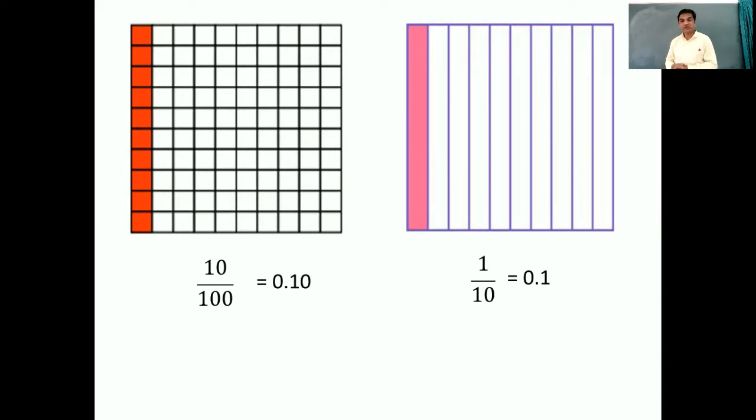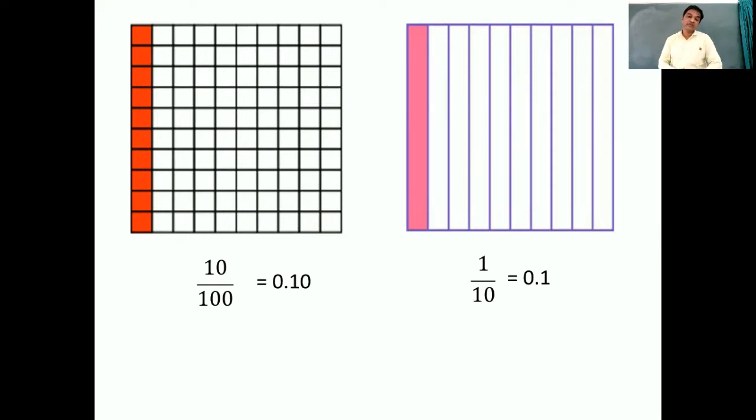What about the decimals that we obtain from these fractions? The decimal is nothing but another way of representing the fraction. We also call this a decimal fraction. So the decimals we obtain from these fractions are also equal. When the fractions are equivalent, the decimals obtained from these fractions are equivalent.